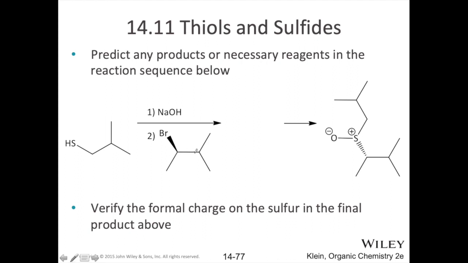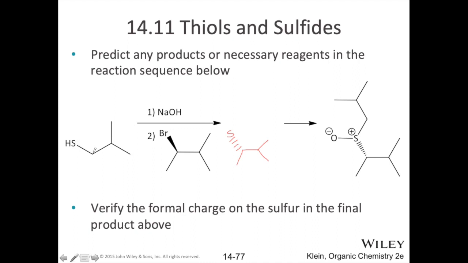So we have this alkyl part of our alkyl halide that remains behind, and our thiolate does a backside attack, right? It inverts the stereochemistry here because it's an SN2 substitution. So instead of having a solid wedge, our sulfur is connected with a dashed wedge. Okay, that's kind of what we're seeing over here in the final product.